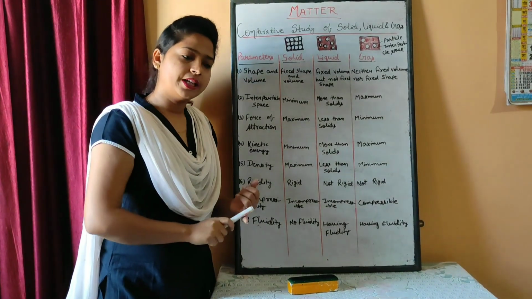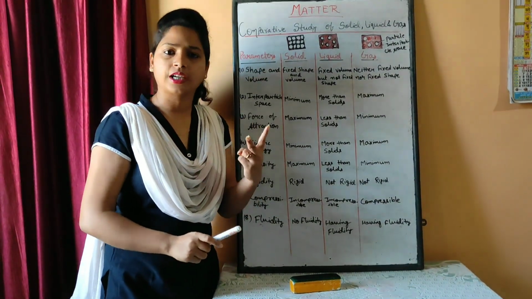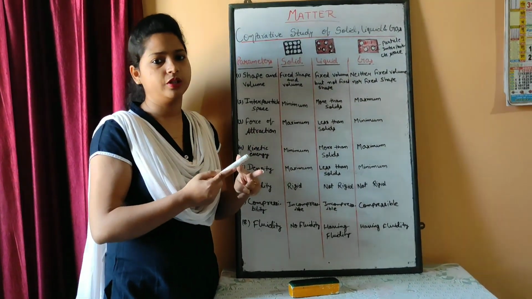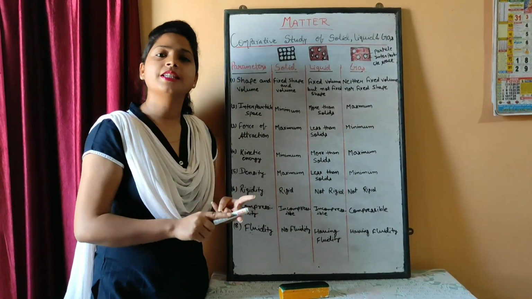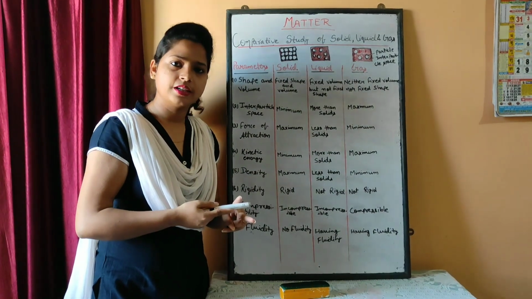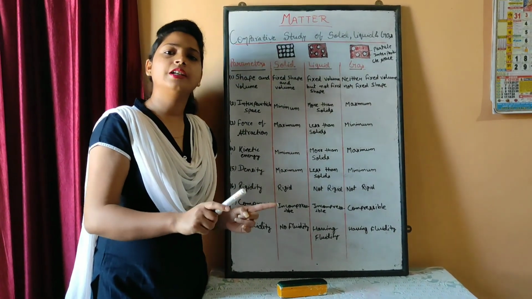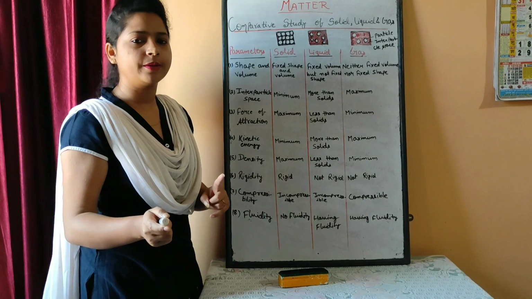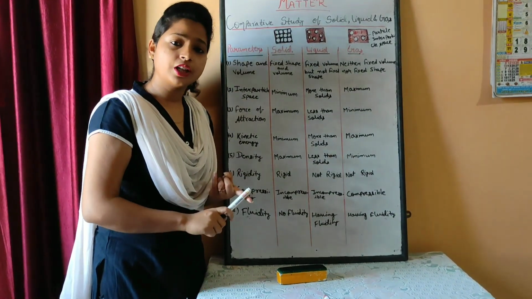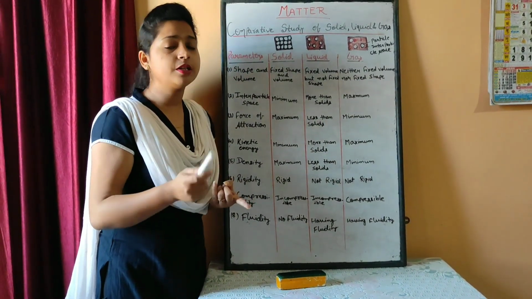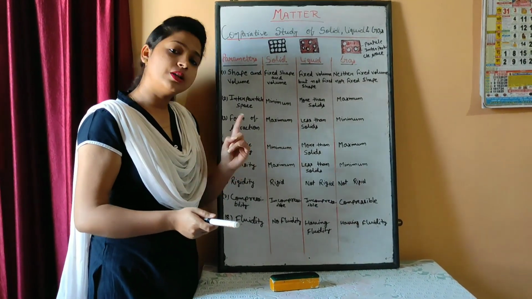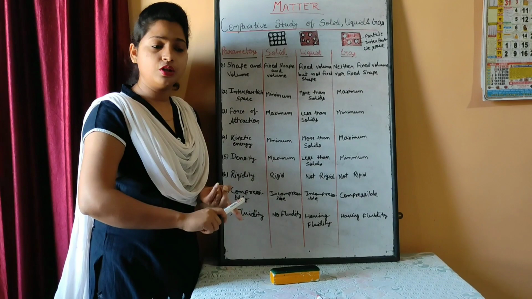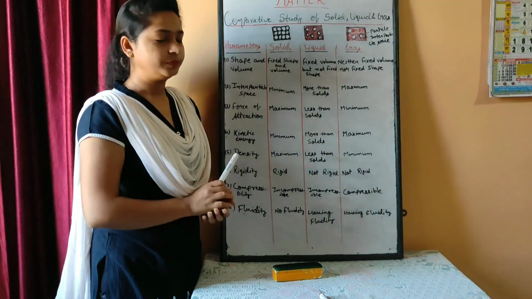Density always depends on two factors, mass and volume. If mass is more, density is also more. If mass is less, density will also be less. Means mass is directly proportional to density. But volume is inversely proportional to density. If volume is more, density will be less, and if volume is less, density will be more.